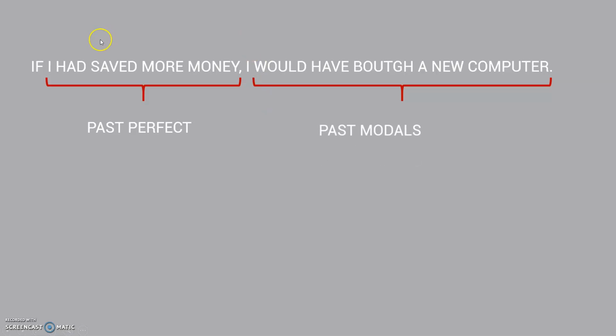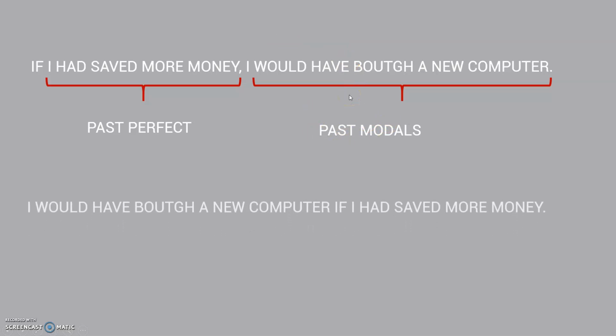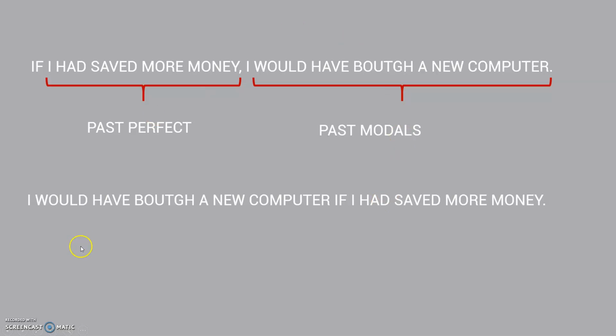Pretty simple. Remember that in the condition, if, we're going to use past perfect, and in the result, we're going to use past modals. I can change the order, and I can say, I would have bought a new computer if I had saved enough money, or if I had saved more money, sorry.